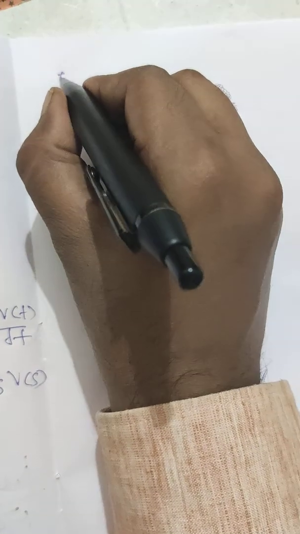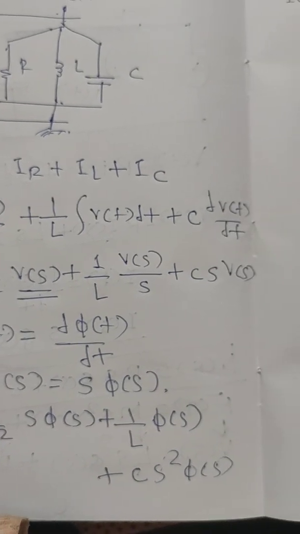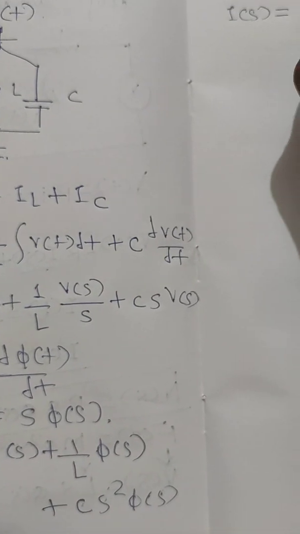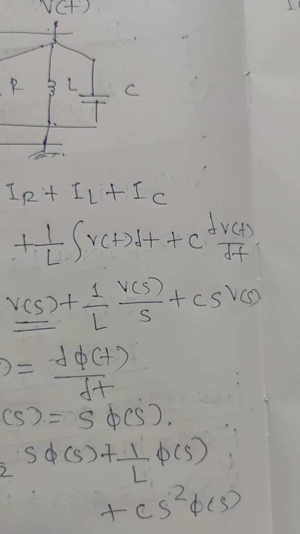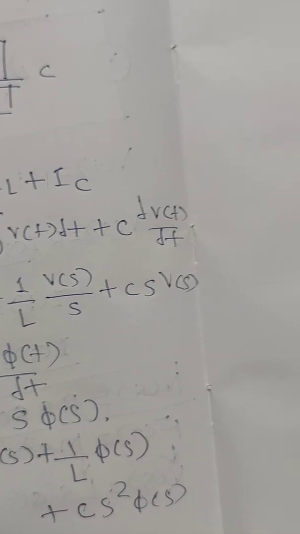Rearranging, I of s is equal to C s square phi of s plus 1 by R s into phi of s plus 1 by L into phi of s.